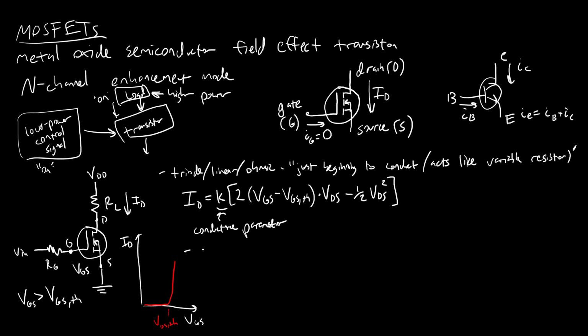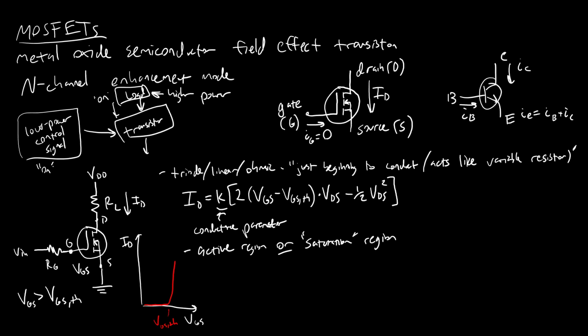And then again, depending on where you look, the next region is either called the active region or the saturation region, which is kind of confusing. If you go look at the Art of Electronics, a very popular electronics textbook, they call this an unfortunate choice of terminology because the saturation region here corresponds to the active region for the BJT.